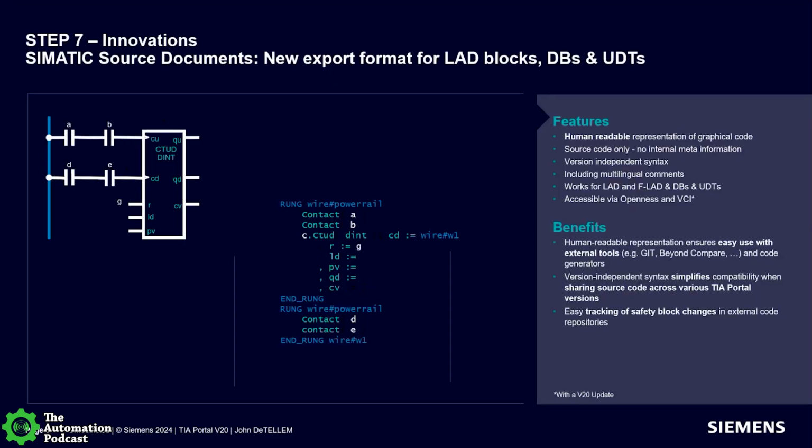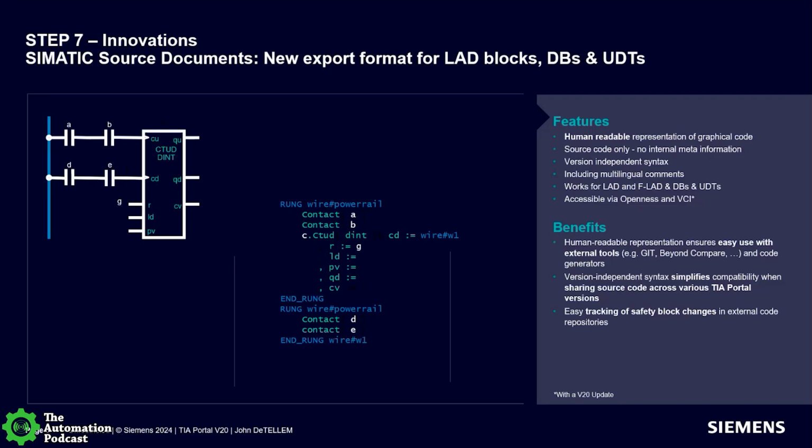Another innovation that our development teams worked through in the last year or so was formulating a more readable export of the document for the LAD and the DBs and the UDTs. Traditionally in TIA Portal, the export of a ladder file has been to an XML format and required the use of Openness and some other tool sets to manage that XML document.